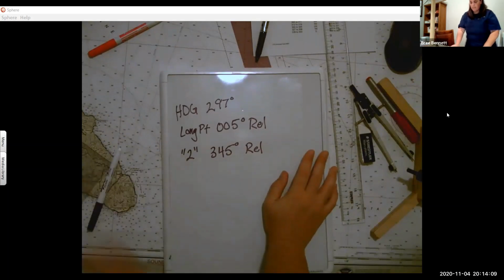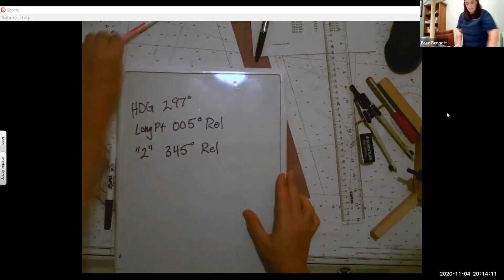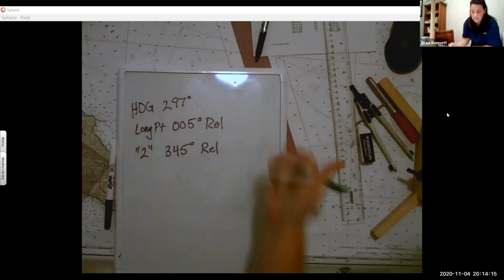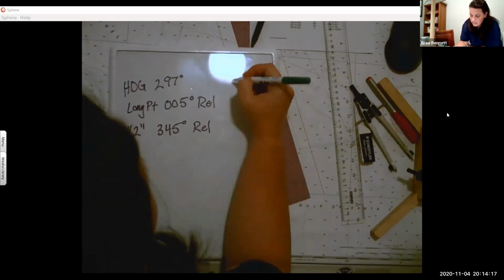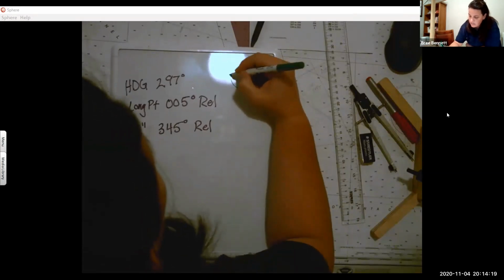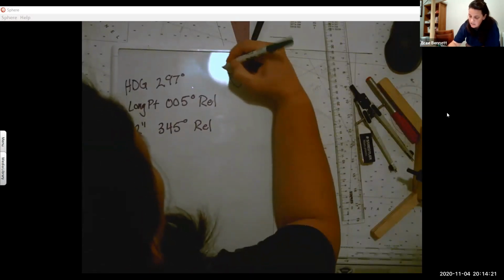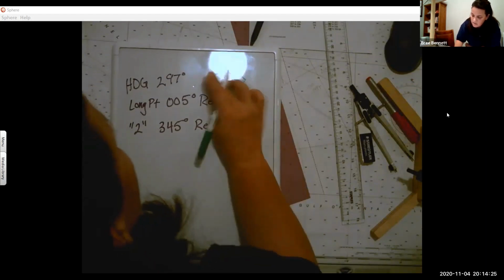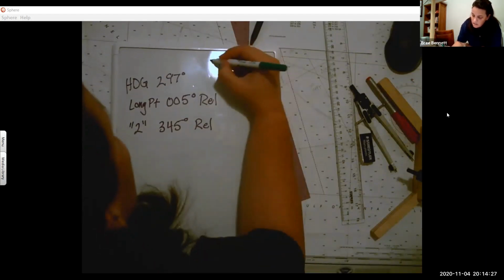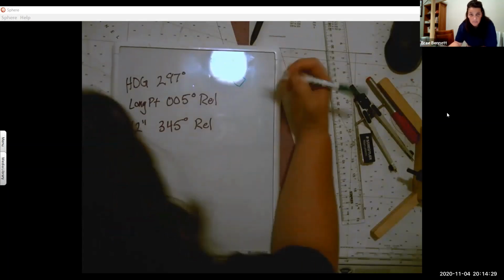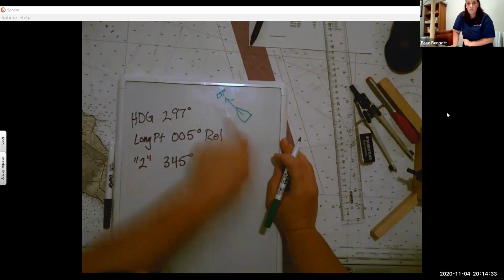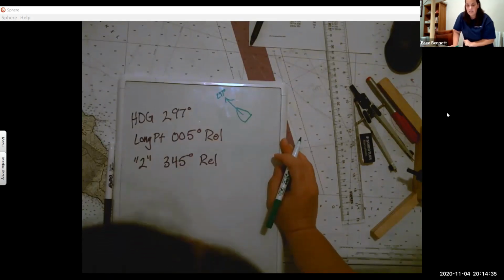So let's plot it out. My rule of thumb for relative bearings: if we are going here at 297 degrees, we are headed in the direction of 297.